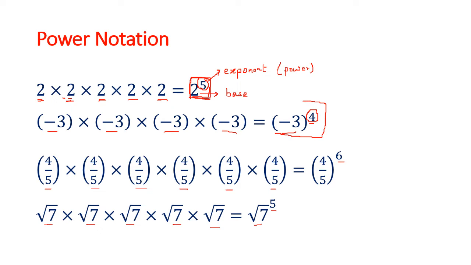Minus 3 raised to 4 means minus 3 is repeatedly multiplied 4 times. 4 upon 5 raised to 6 means the fraction 4 upon 5 is repeatedly multiplied 6 times. And root 7 to the power 5 means root 7 is repeatedly multiplied 5 times. So this is the power notation.